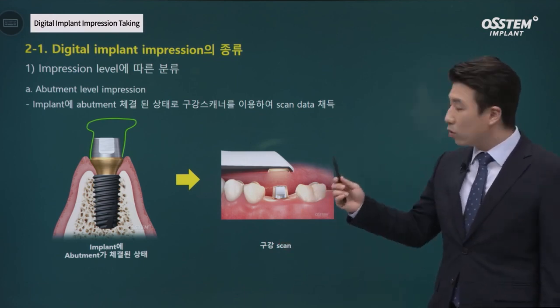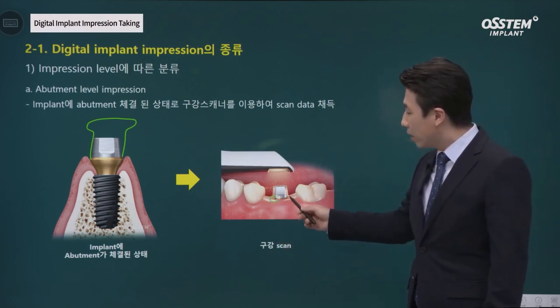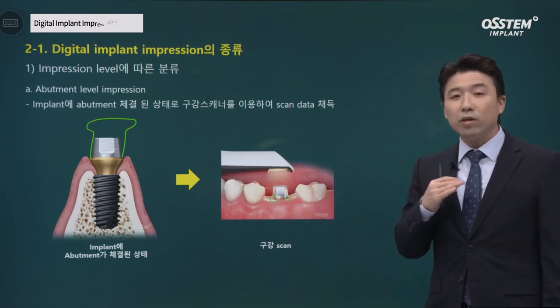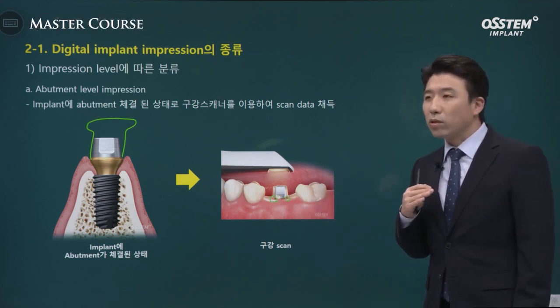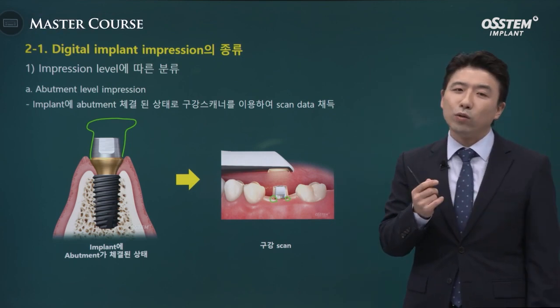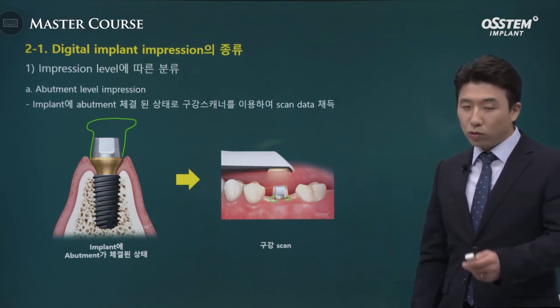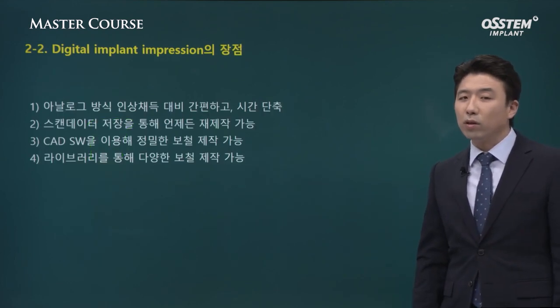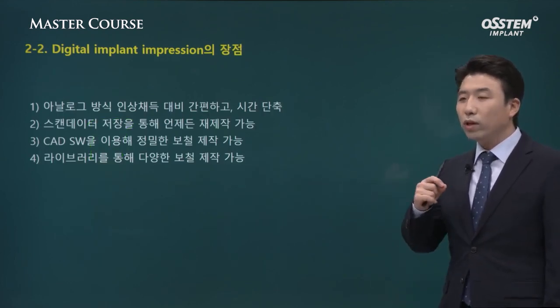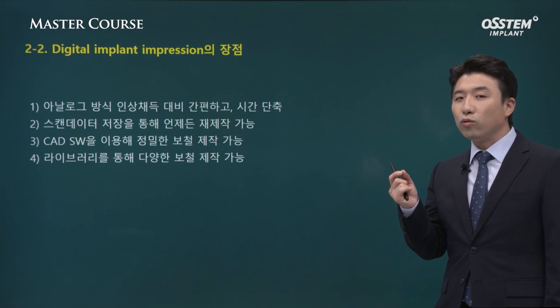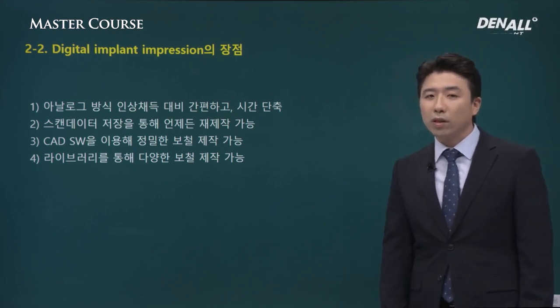However, when intraoral scanning is done, the margin can be subgingival, so the margin or things like that cannot be accurately taken. So library data can be used, and it is merged, and that should be used for designing.